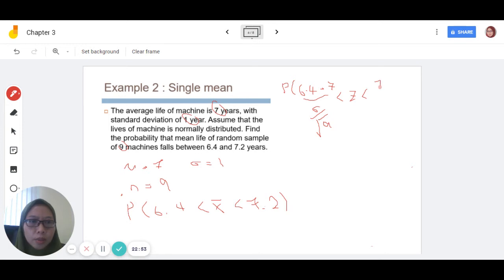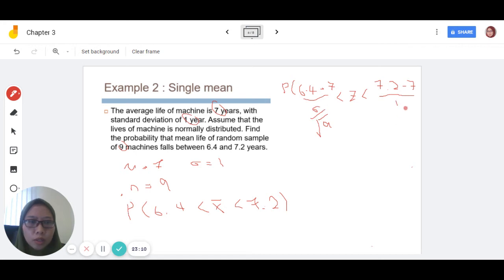This is 7.2 minus 7 divided by, this is the standard deviation, right?